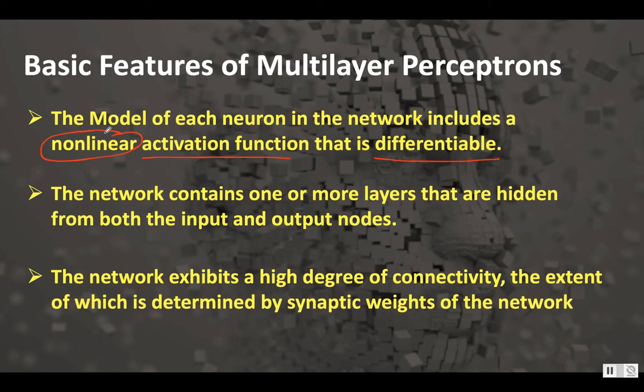The next feature is that the network contains one or more layers that are hidden from both the input and output nodes. These could be neurons. This is the hidden layer, and there could normally be one or more of them. With more layers, your neural network is potentially more powerful, but also more complicated.